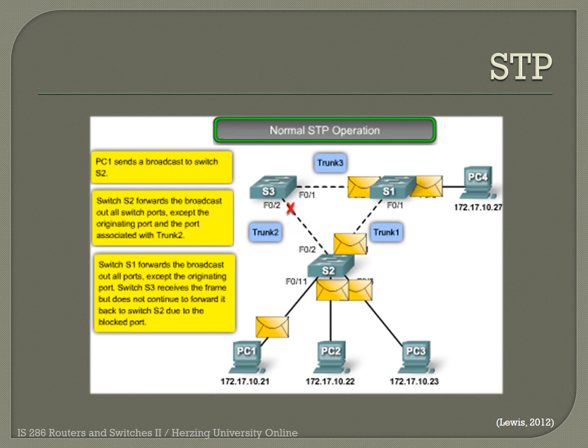This way, S2 only forwards the broadcast along one connection to S1. The broadcast will reach S3 via S1. Since the connection between S2 and S3 is blocked, that's where it ends. No loop can occur.